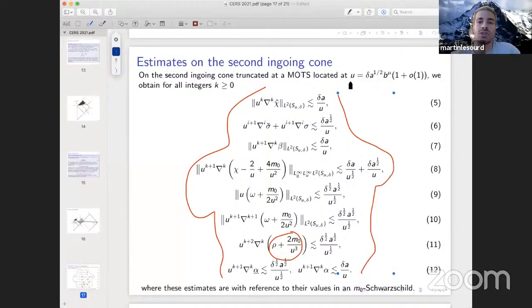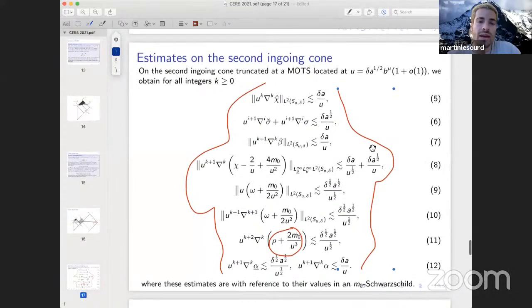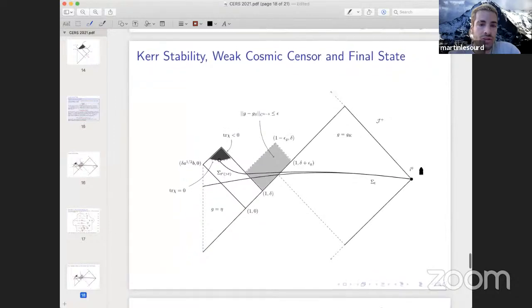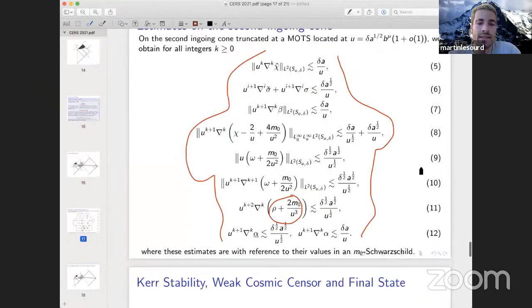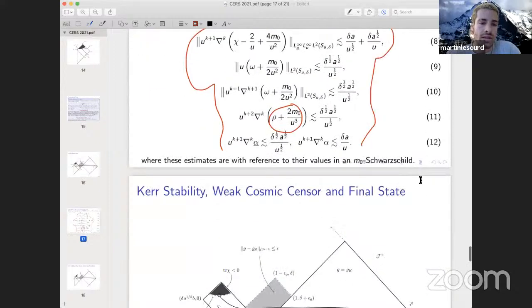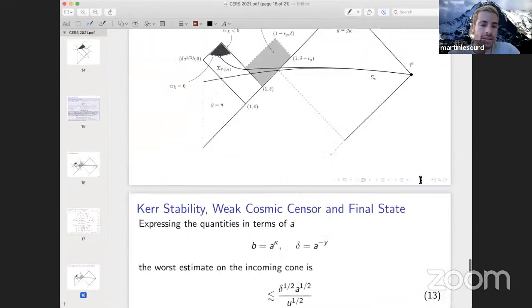But with this extra control, you can find out how to make these estimates as small as you can. And for that, you choose your parameters wisely, and you can show that everything on the right-hand side depends on C, a constant independent of delta, times delta. So essentially, they can be made as small as you like, choosing delta as small as you like. So that's how that works.